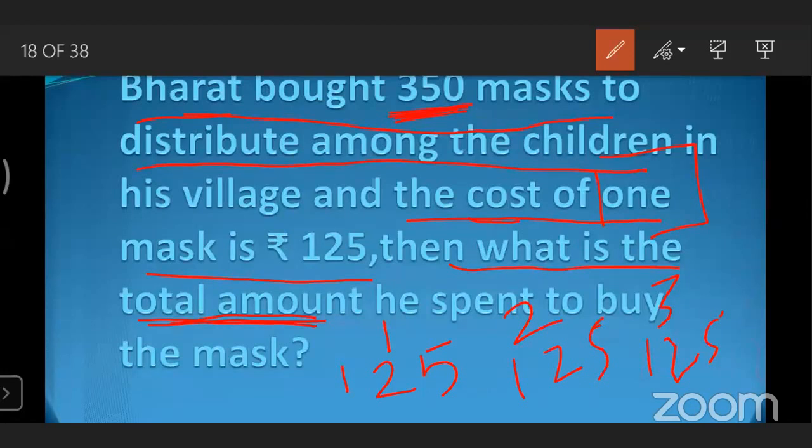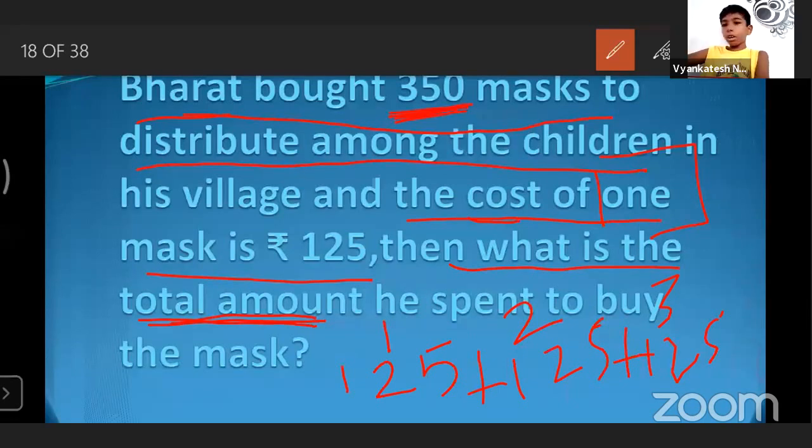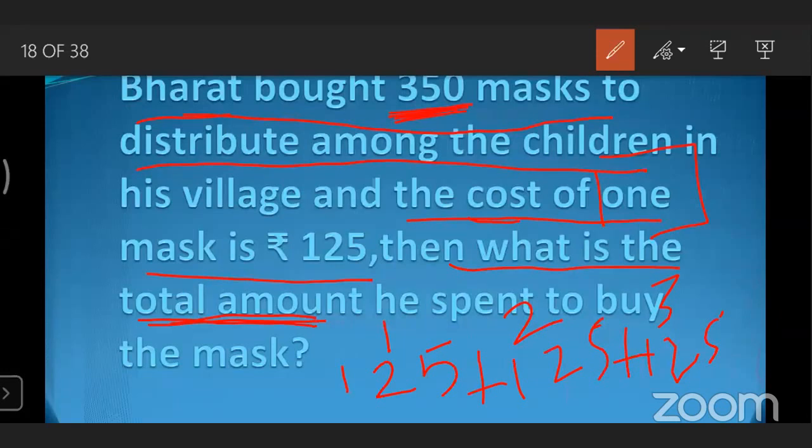Which operation you will do? Addition of all these sums or what? Which operation you will do here now? Multiplication. Yes, very good student. Yes, multiplication you will do. You can add, but how many times you will add? 350 times. It will take lots of time to add the numbers.